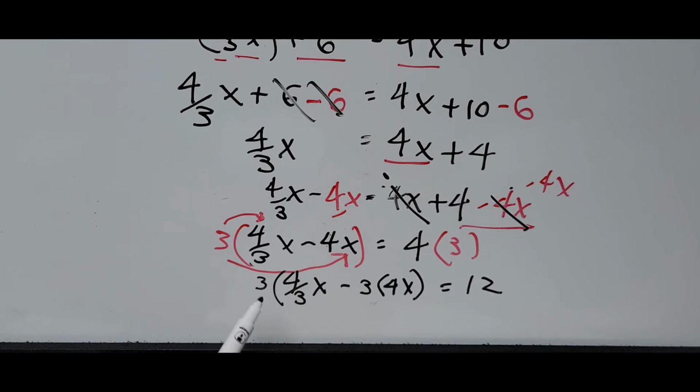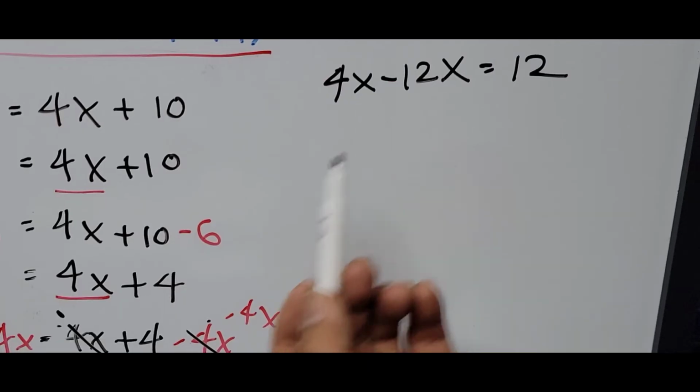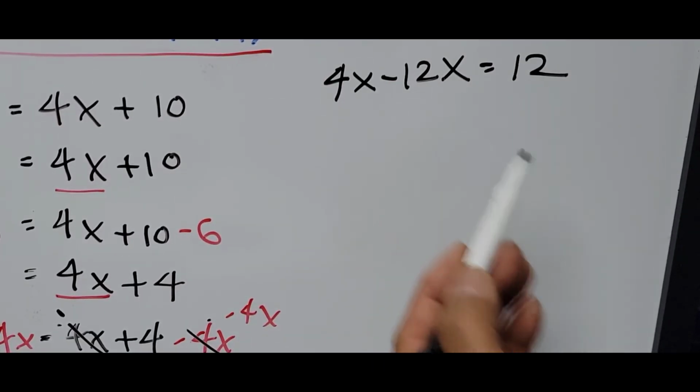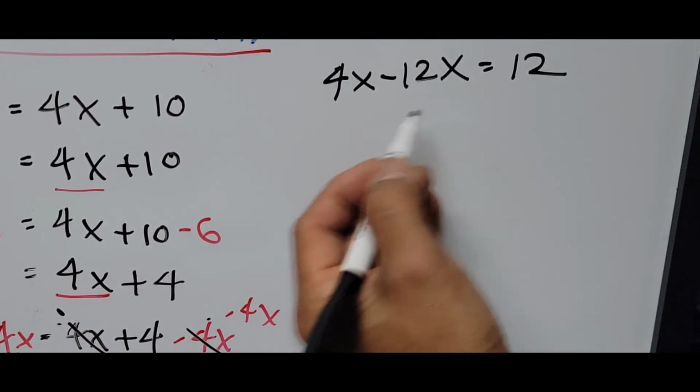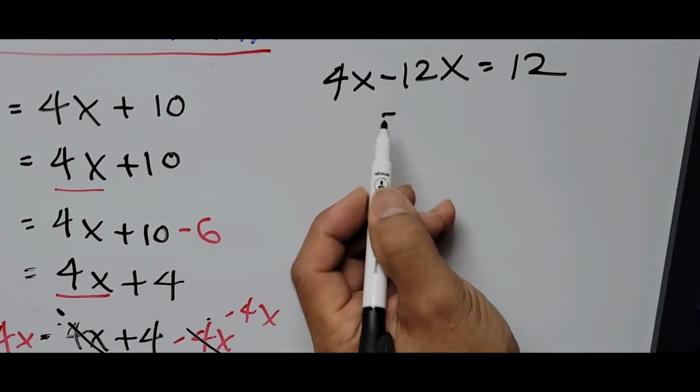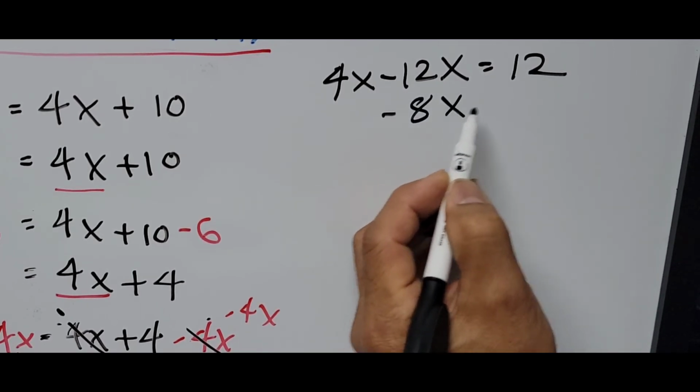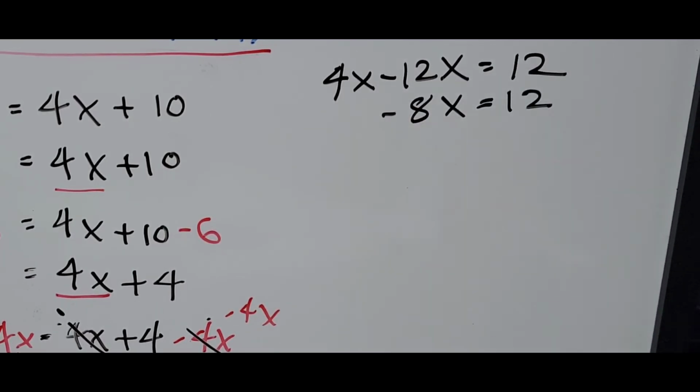So moving along, cancel 3, that's 4x minus 12x equals 12. We have so far 4x minus 12x equals 12. And now 4x minus 12x, what is that? So that's negative 8x is equals to 12.